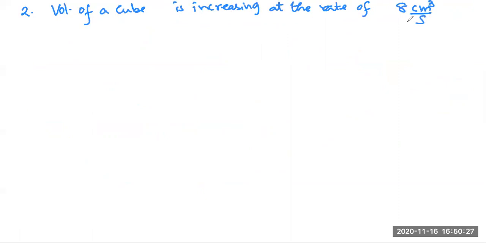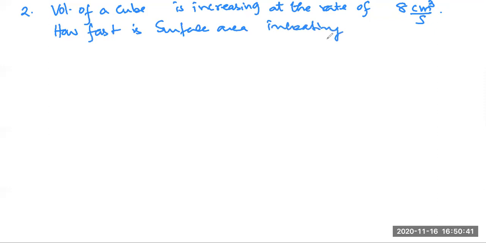How fast is the surface area increasing when the length of edge is 12 centimeters? That means when the edge is 12 centimeters.